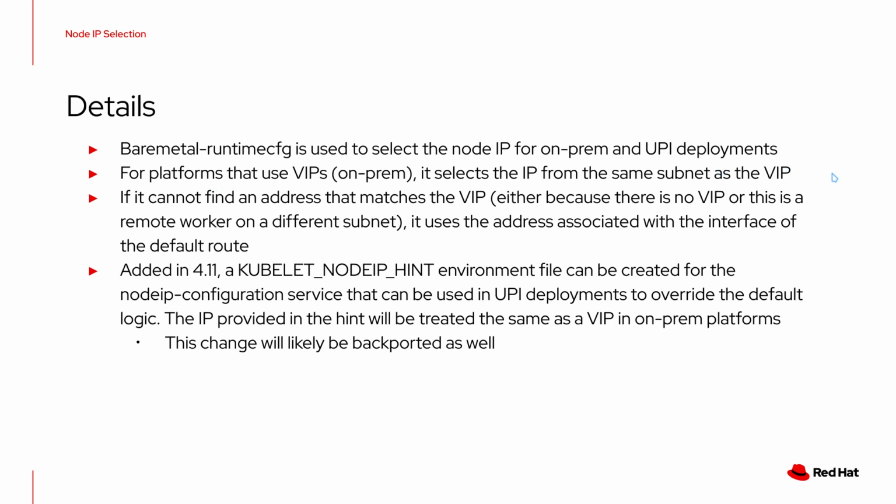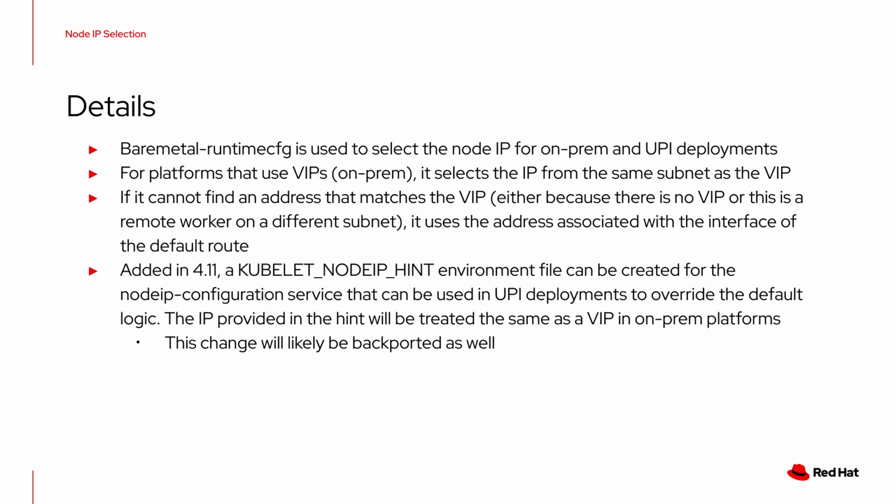So it's going to go out, look at the VIP, and then go find an interface on the node that has an address that is in the same subnet as the VIP. If it cannot do that, either because there is no VIP and this is a UPI deployment, or because this is a remote worker on a VIP-based platform, but it's on a different subnet, so it doesn't actually have an interface that matches the VIP, then it's going to fall back to using the address associated with the interface of the default route.